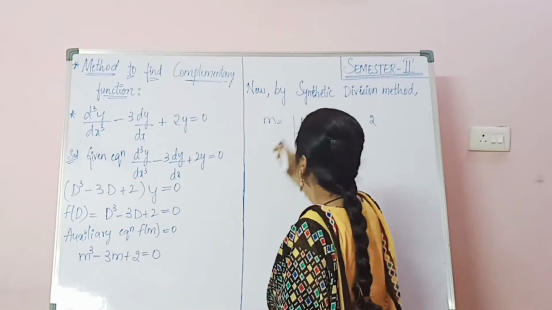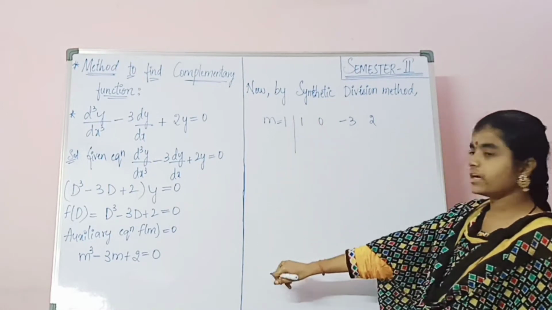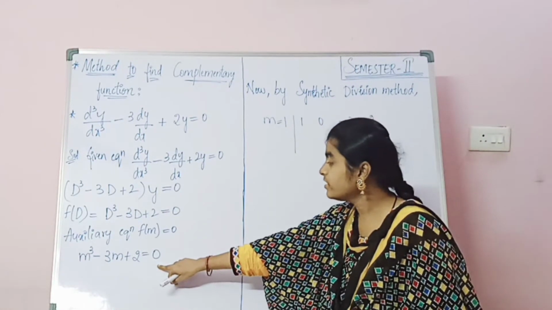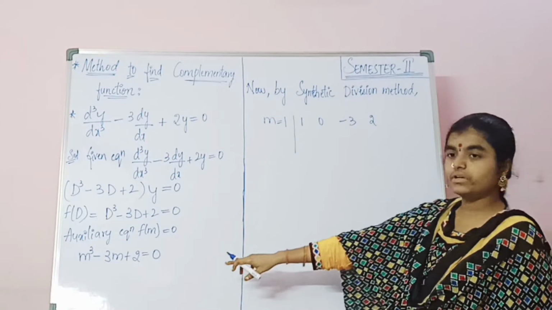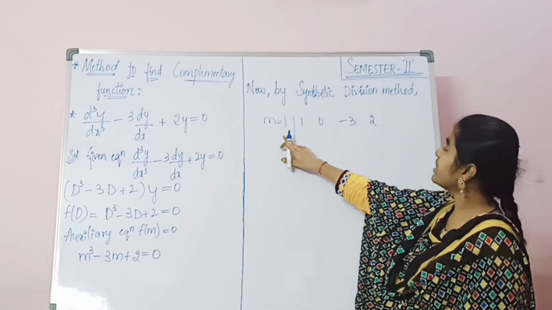We substitute a suitable root by which the equation equals 0, so we take the root m equals 1.